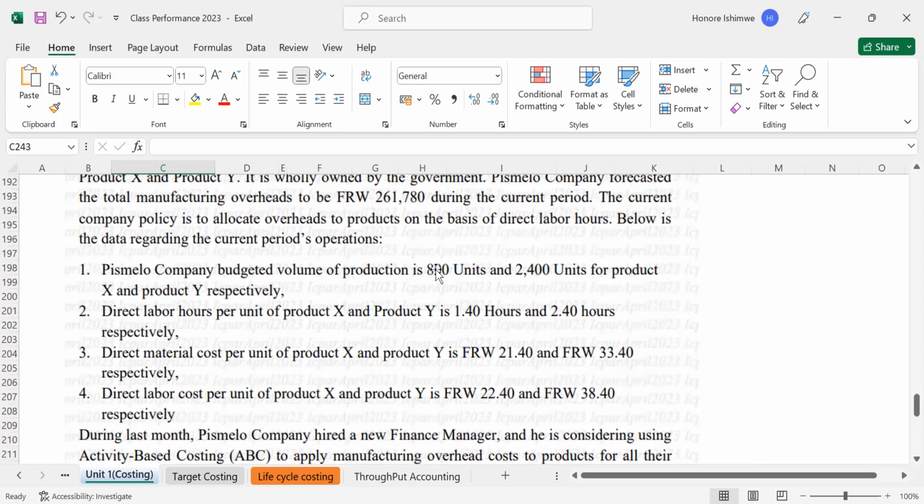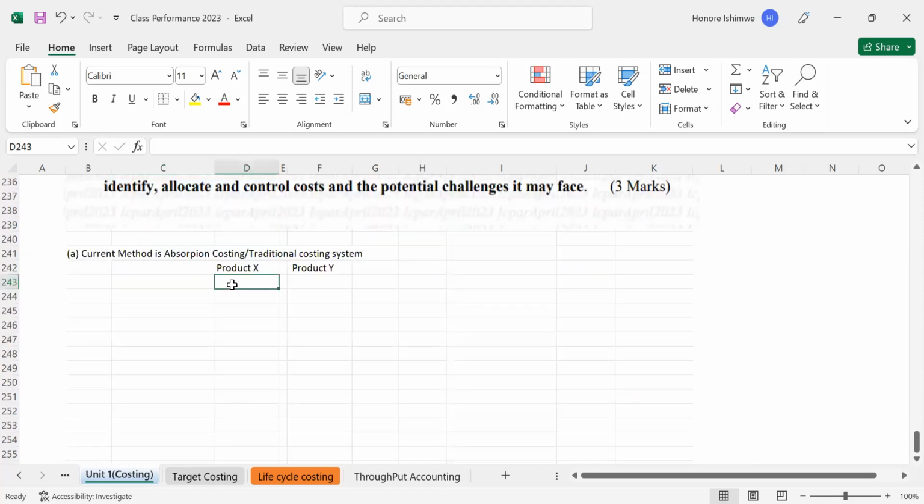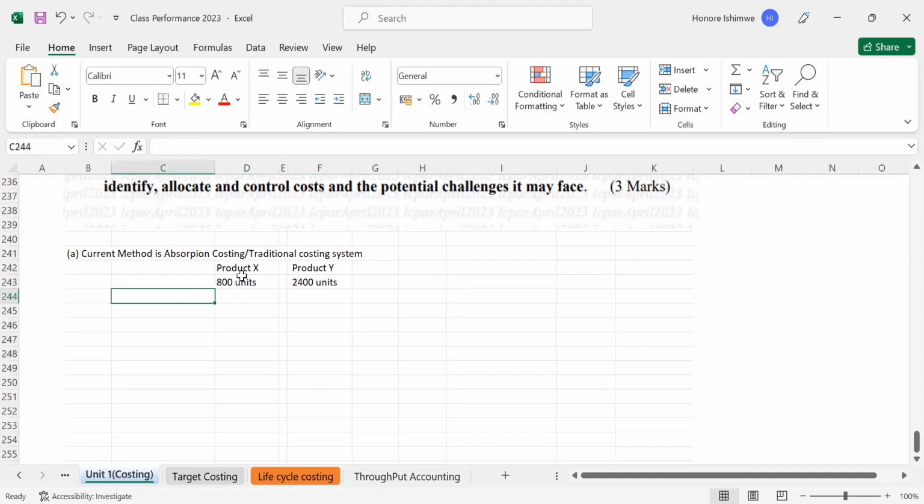Is it okay? These are our outputs. Let me put my units to be produced here: 800 units, and here 2,400 units. Are you together? So these are units produced.